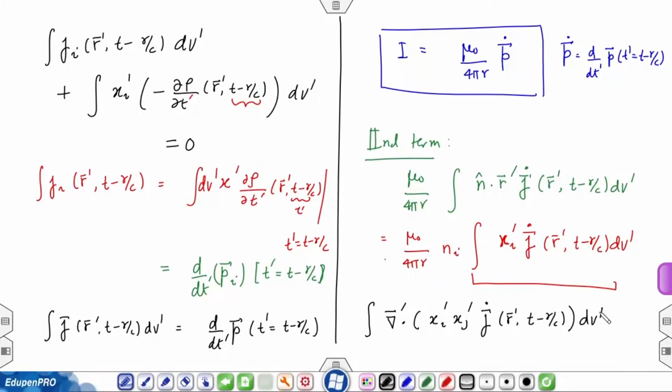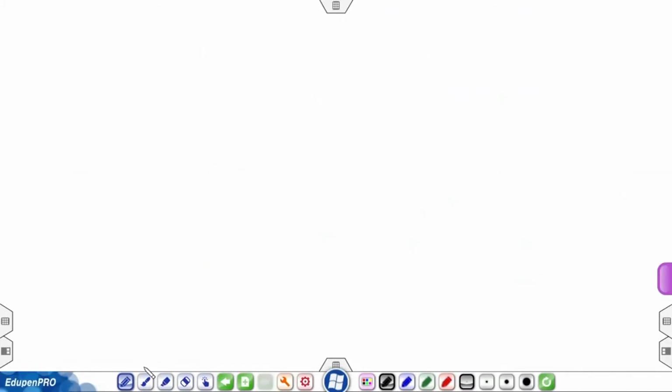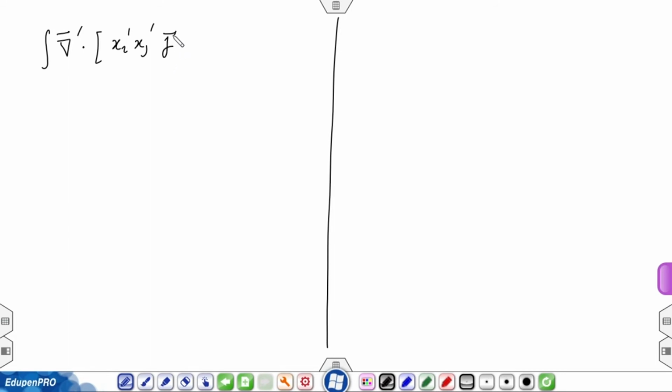And you will see how we get this term from here. So, I am evaluating the integral of the divergence of x I prime, x j prime, j dot r prime, t minus r over c dv prime, and this is 0 because the current distribution is localized.